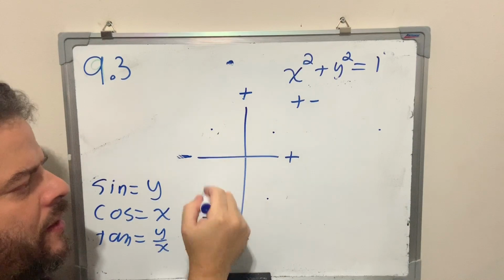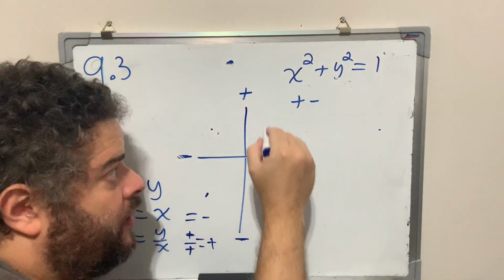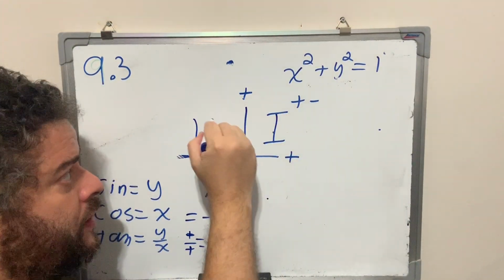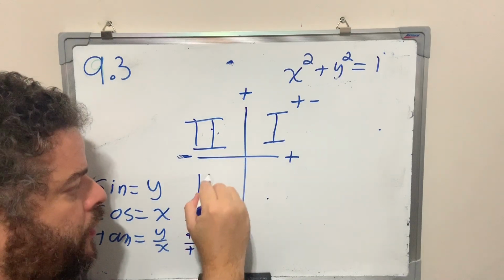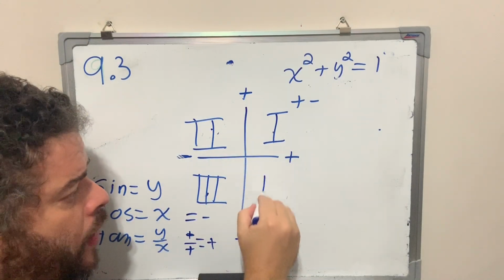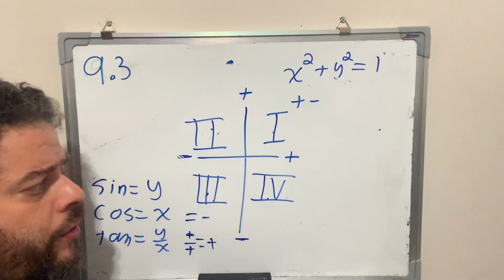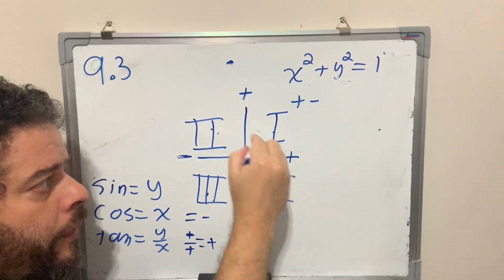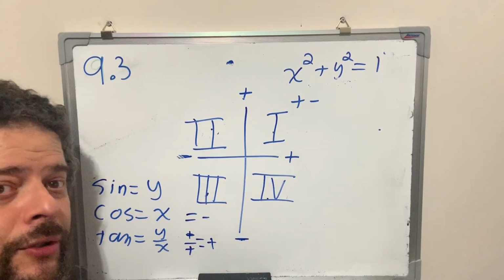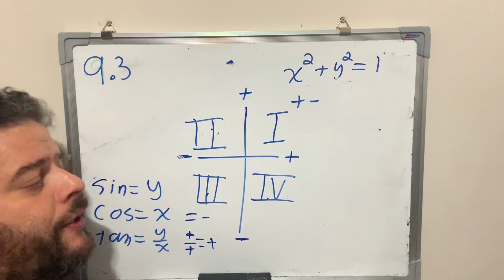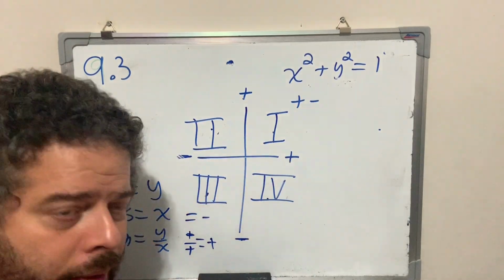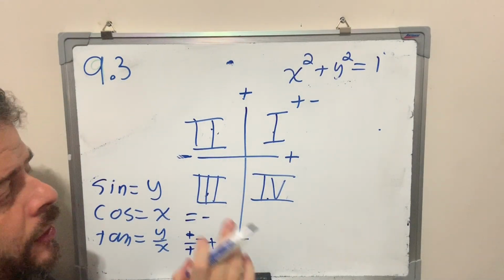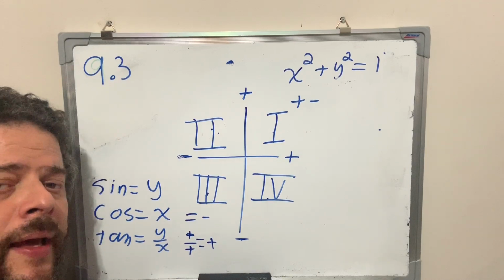What quadrant falls where? Again, just in case, this is the first quadrant, this is the second quadrant, this is the third quadrant, this is the fourth quadrant. They go counterclockwise. Math teacher here. So again, learn this diagram. You do need to learn that diagram.